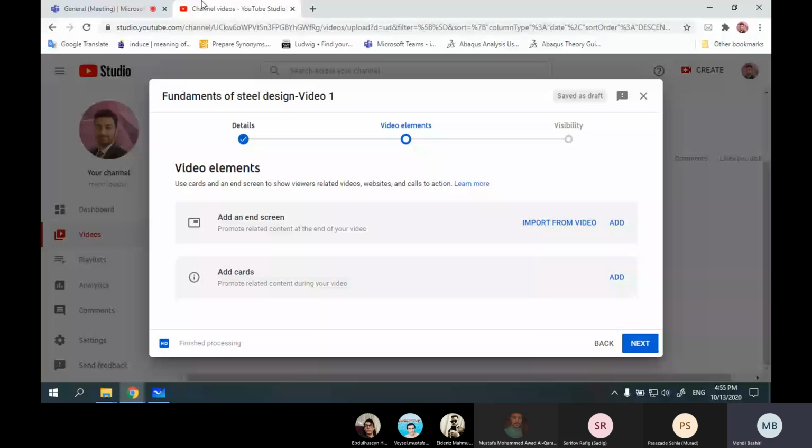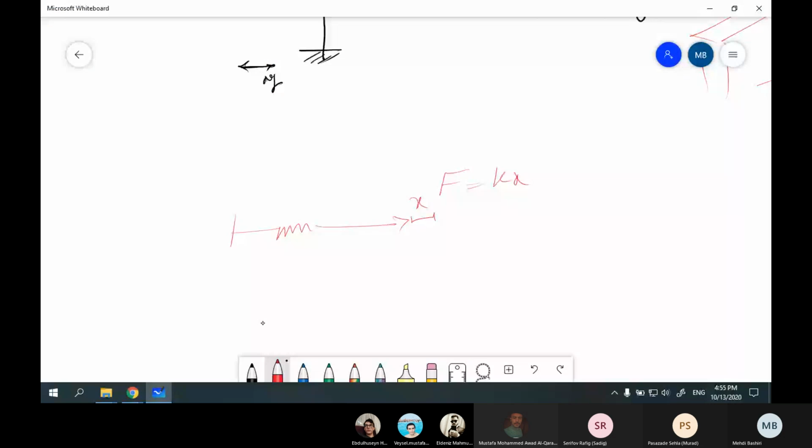So, what was that? Okay. Stiffness coefficient. The coefficient of stiffness.